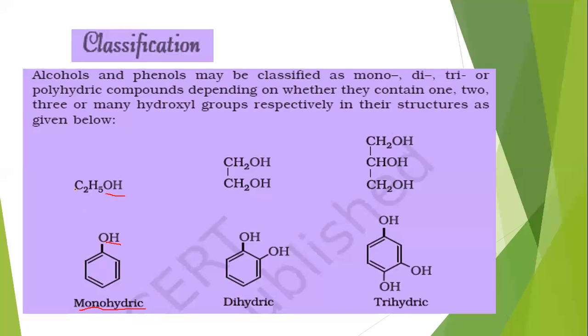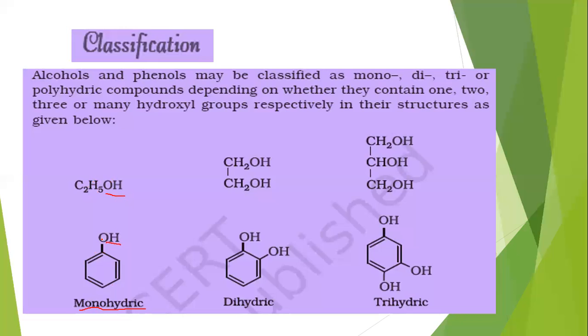Now see here, alcohol means this is an aliphatic hydrocarbon, C2H6 ethane, and from this ethane one hydrogen is replaced by one OH group. So it is alcohol. And it was initially benzene, C6H6, and from this one hydrogen is replaced by one OH group. So this is phenol.